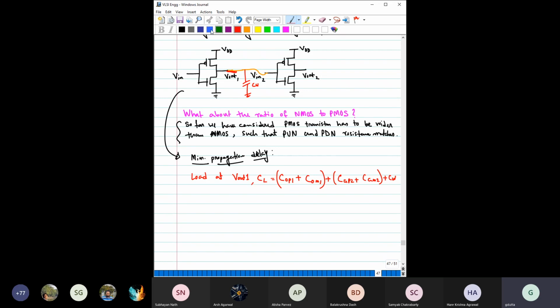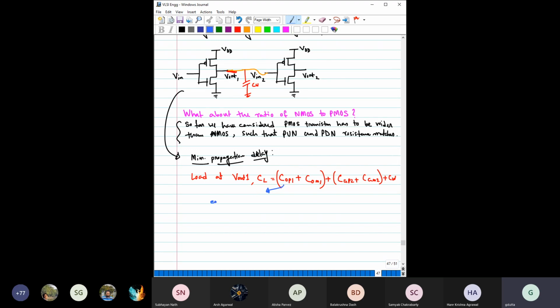Here I think you can easily understand. What is this V output? This is VOP1. P1 means the first inverter, 2 means the second inverter. P means PMOS, N means NMOS, O is for output, and G is for gate input. So what is COP1?